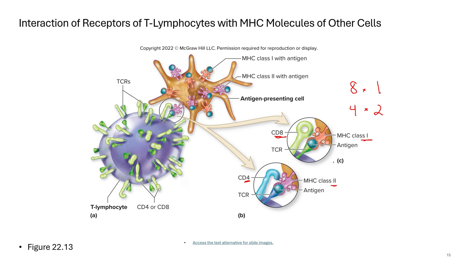That's telling you the interaction between these. So CD8s go with MHC1s, and CD4 T cells interact with MHC2 molecules. We'll get to this in a little bit. The CD8 T cells are called cytotoxic T cells, and the CD4 T cells are called helper T cells. So helper T cells interact with MHC2, and cytotoxic T cells interact with MHC1.